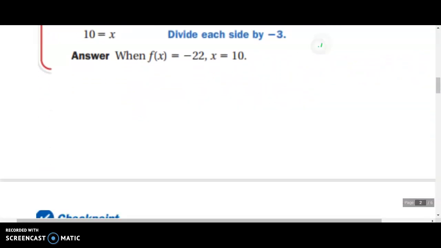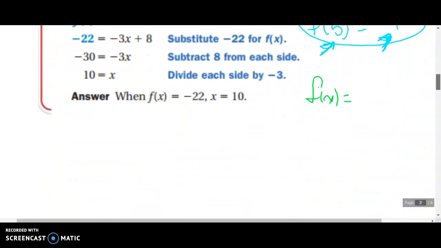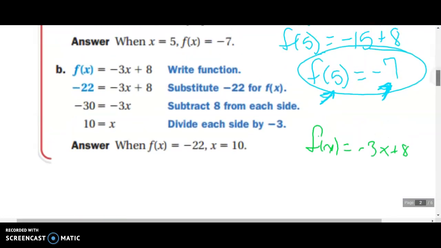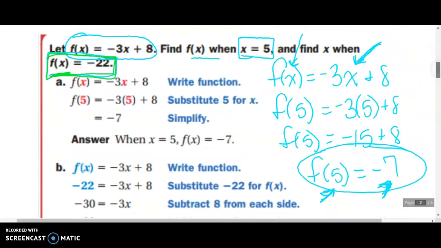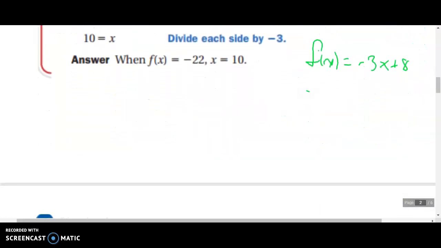So it was f of x equals negative 3x plus 8, and they're asking us to replace the whole f of x with negative 22. So we're going to replace this whole thing with negative 22.